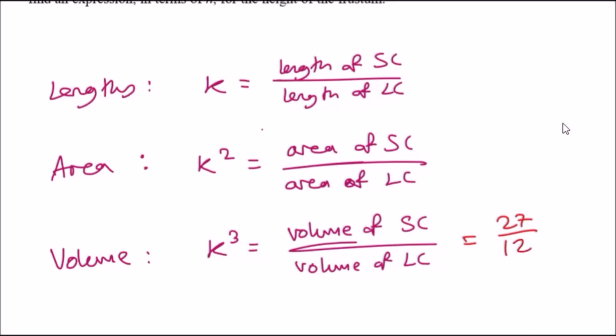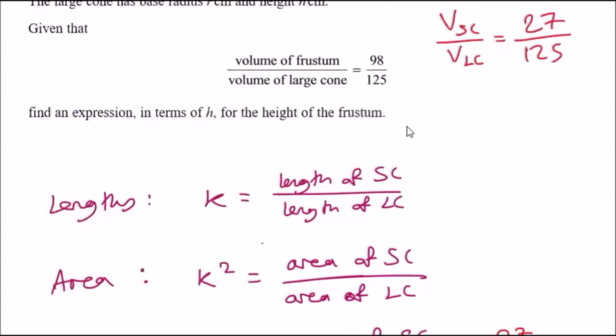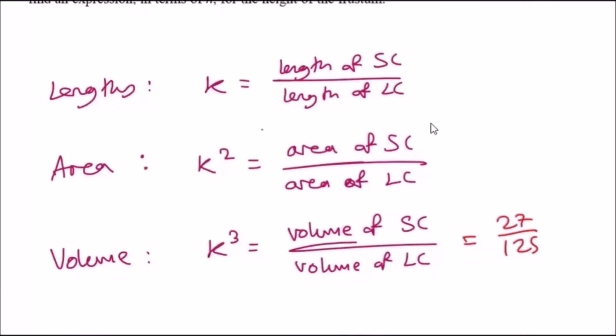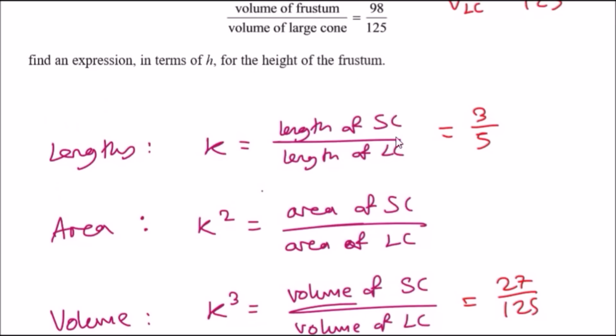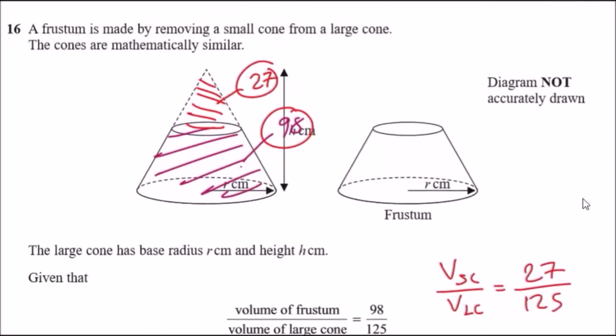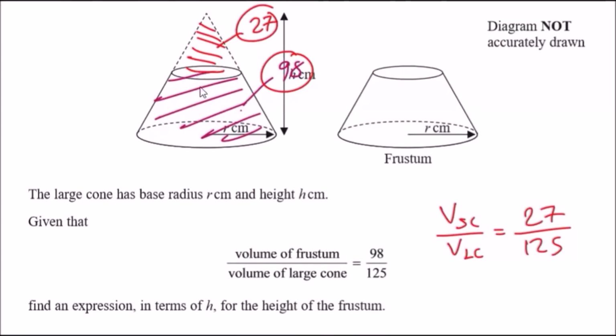That means if you want to find the lengths, and by the way, we want the lengths because height is a length, to find k, we can just literally cube root this, and that will give us 3/5. So we can say now that the relation between the small cone and the large cone has a height of 3 to 5 parts. So what I'm saying here, if this had a height of 3 parts, that means the full length has a height of 5 parts.